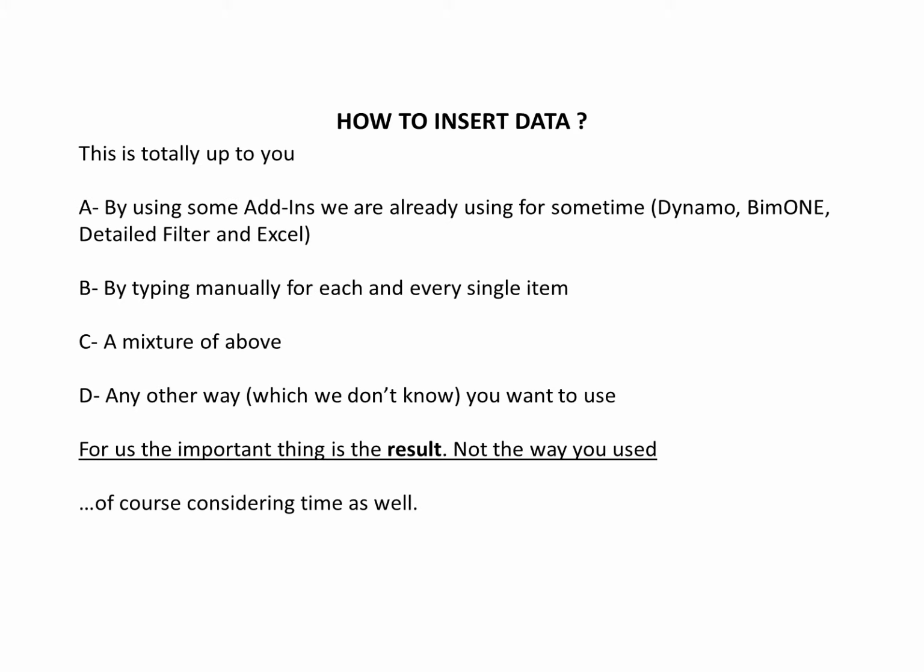So, how do we type this data into the models? We are using some software here. In as-built, they are checking WIRs. WIRs have red line markings.